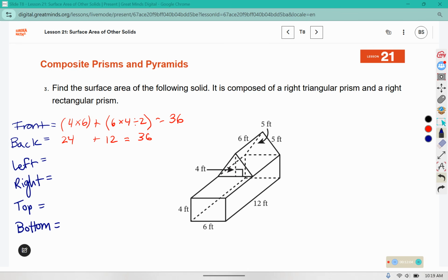Then from the left side, we have a rectangle here that is 4 by 12, and a rectangle piece here that is 6 by 5.